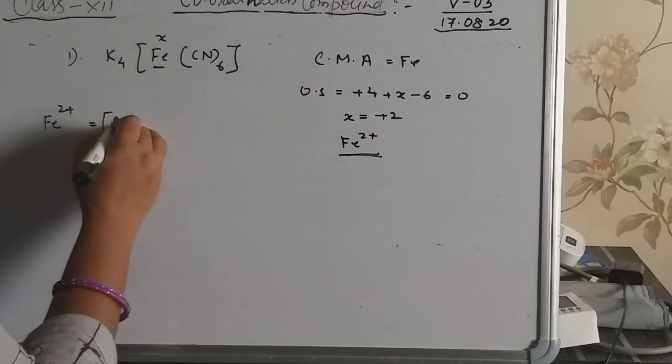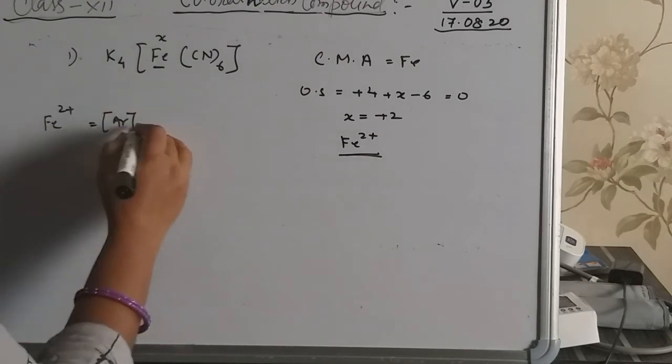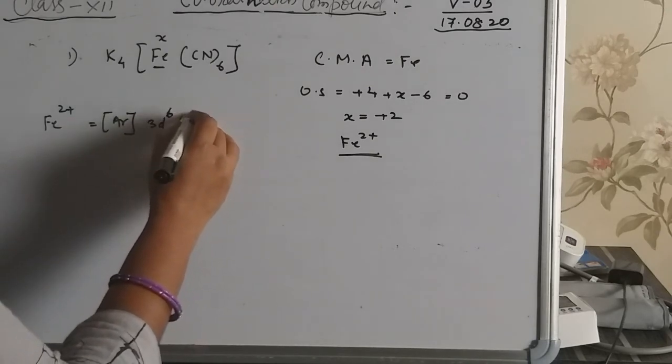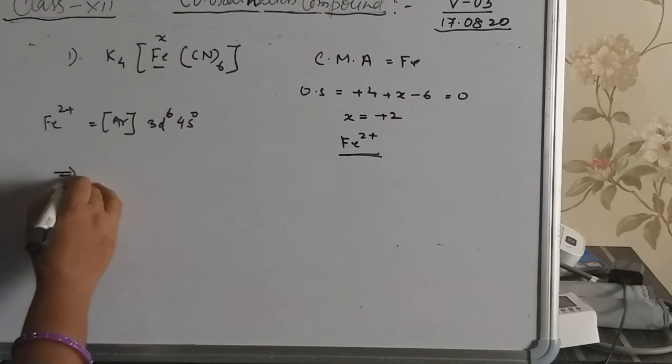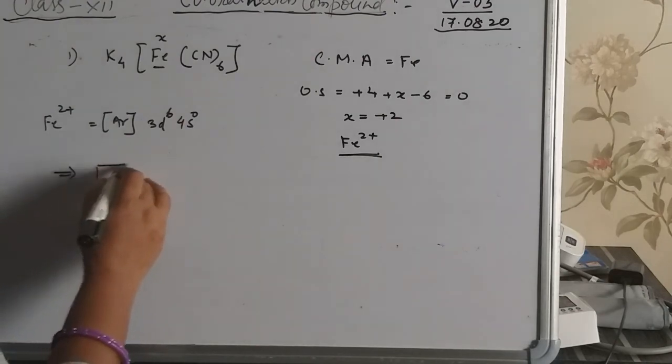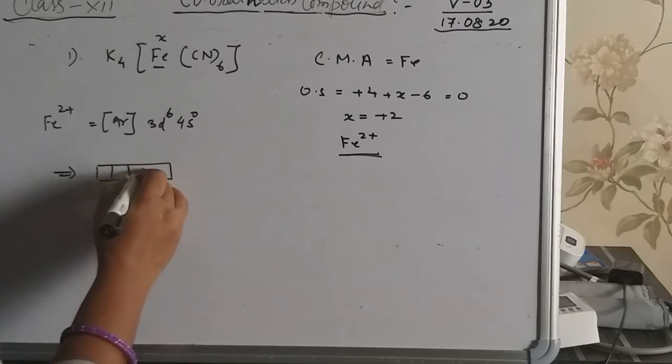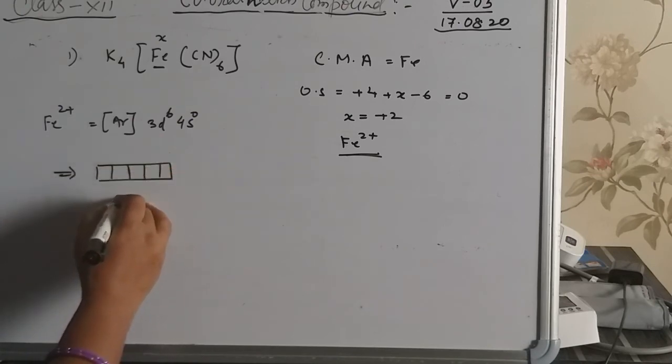So let's write down the configuration of Fe2+. Simply by using inert gas configuration, argon 3d6 and 4s0. So write down the orbital structure: 1, 2, 3, 4 and 5. This is 3d.